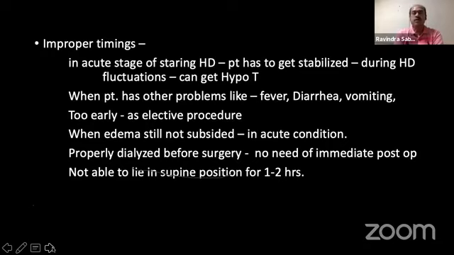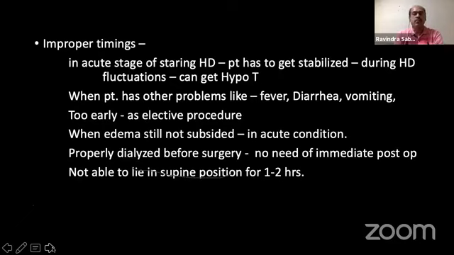Because when you are initiating a dialysis in the acute stage, then it takes time. It takes few days for patient to achieve the dry bed. It takes a few sessions of dialysis for patient to get stabilized, because there could be fluctuation of the blood pressure, there can be hypotension, and if that happens in the next dialysis episode, and you have done the fistula on the previous day, obviously that fistula is going to fail.